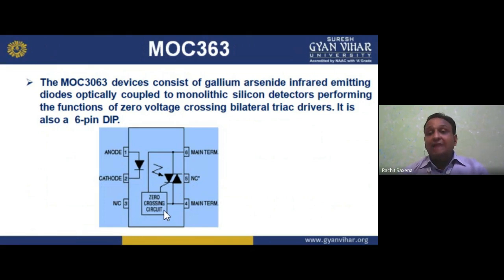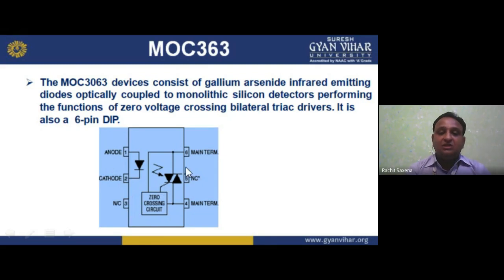One thing I am using more here is the bilateral triac zero voltage crossing driver, or we can say another way, zero voltage crossing bilateral triac driver. We can say it is also a 6 pin DIP. Pin 1 is for the anode, pin 2 is for the cathode, pin 3 is no internal connection.